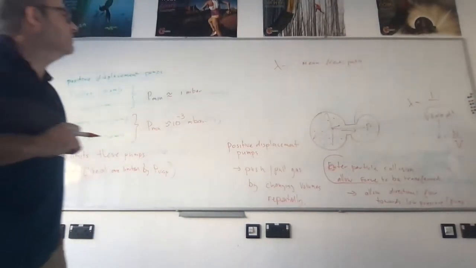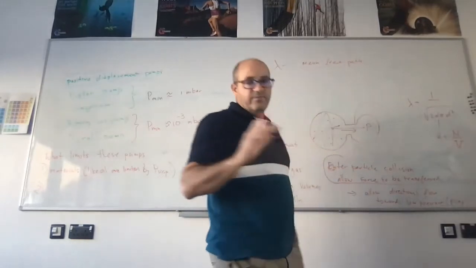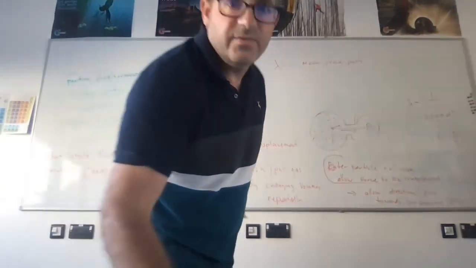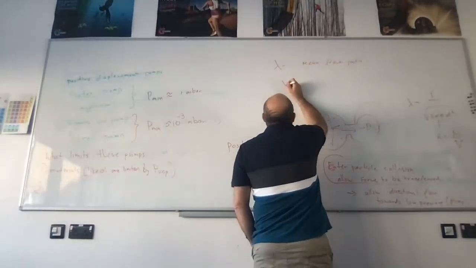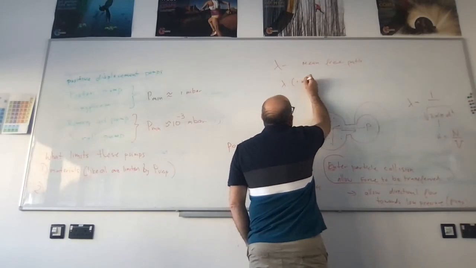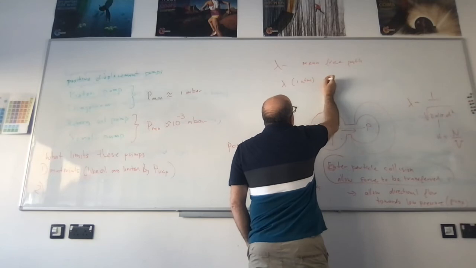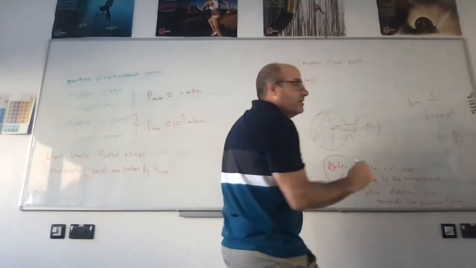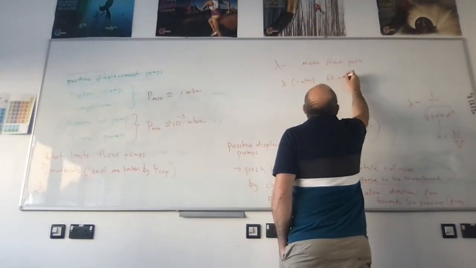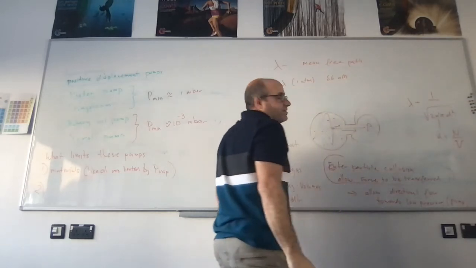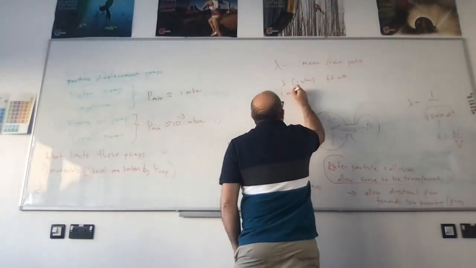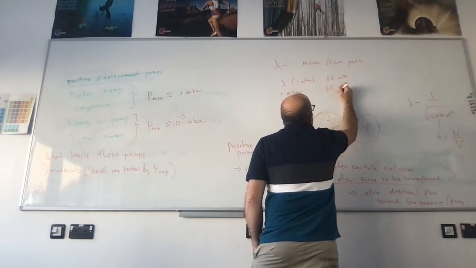To save time, I'm going to just say the values myself. Lambda at 1 atmosphere would be, if I did the calculation correctly, 66 nanometers, that is 10 to the minus 9 of a meter. At 1 millibar, I have 66 micrometers.